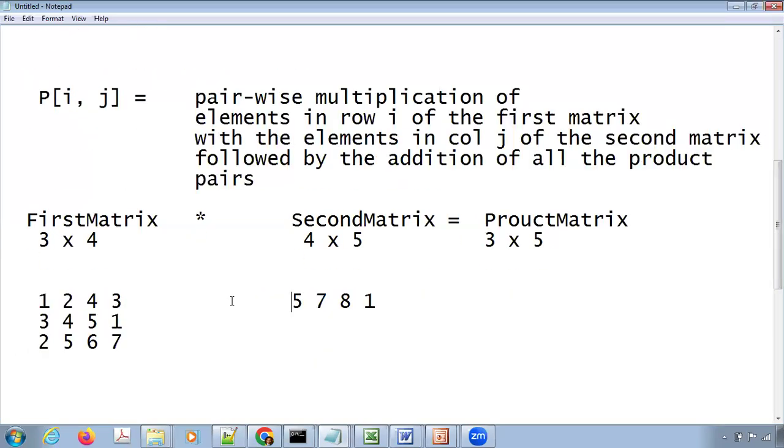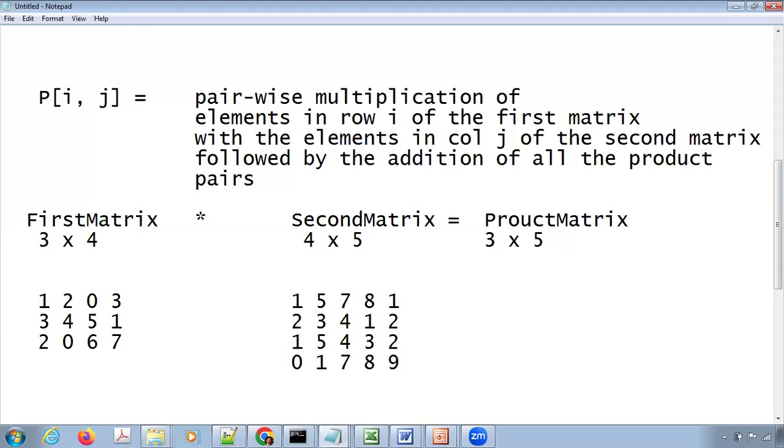Five columns, so let's add one more column. I'm trying to create some random integers. Let's put some zeros as well. So this is a 4-row, 5-column matrix.